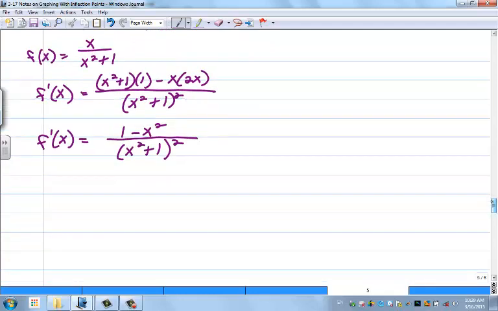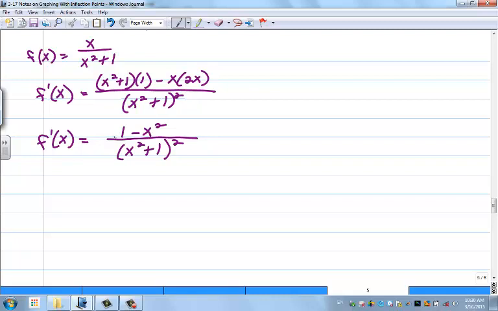We'll take that, we'll set it equal to 0. So when you set f prime of x equal to 0, the only thing that makes it equal to 0 is the top. So you're just going to set the top equal to 0, and you're going to use the top to determine the critical numbers, because the bottom's always positive. That is not going to impact the sign of this function, whether it be positive or negative.